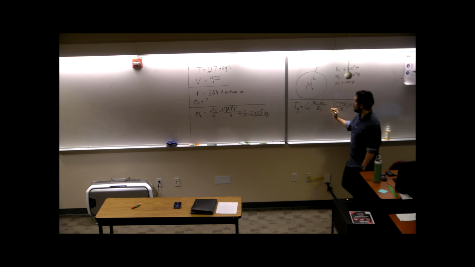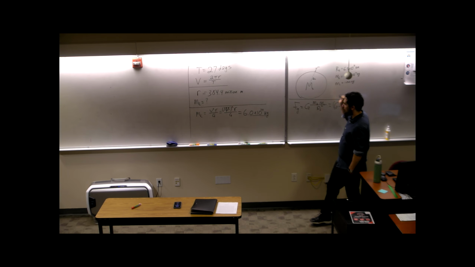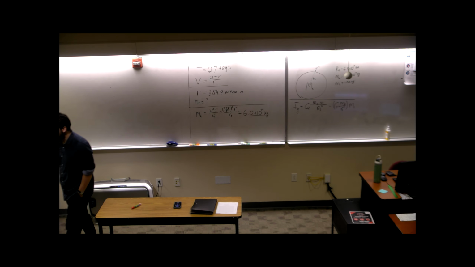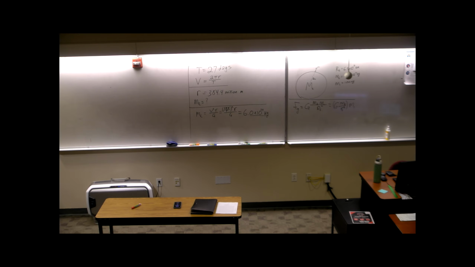Oh, so sorry. R squared, what am I doing? I messed up Newton's law of gravitation. You'd be so disappointed. Sorry, let's try that again, because this should be a very familiar problem.